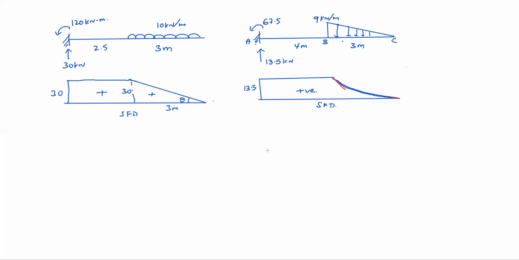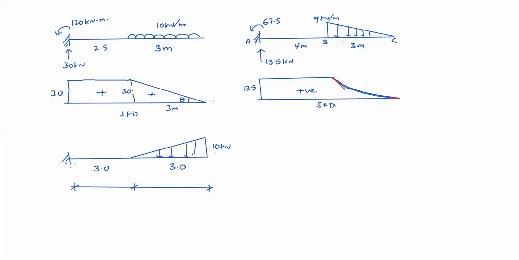Similarly, suppose you have the same cantilever beam, but of opposite nature, this one. 10 kilonewtons, 3 meters, 3 meters. Reactions first. 10 into 3, 30, that means 15 is the downward load.